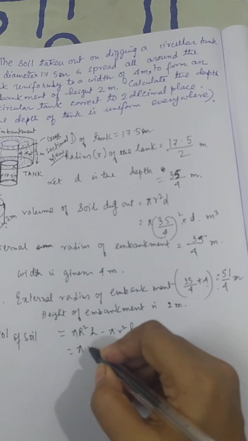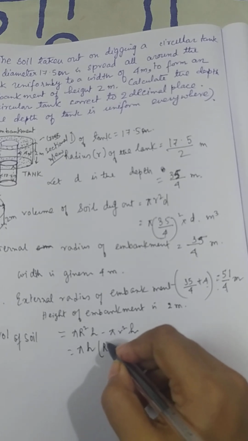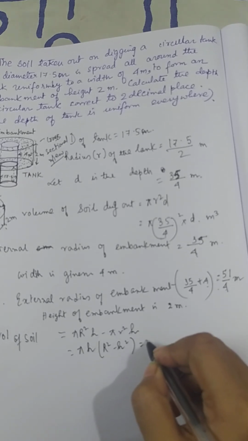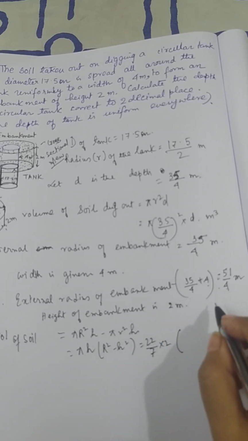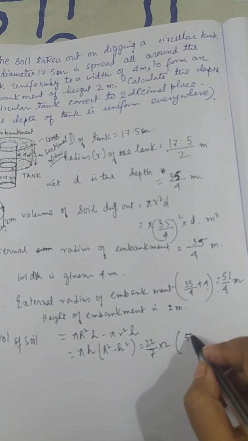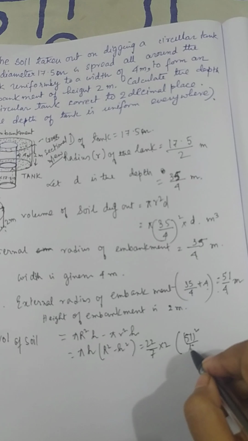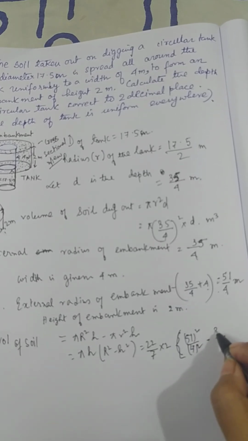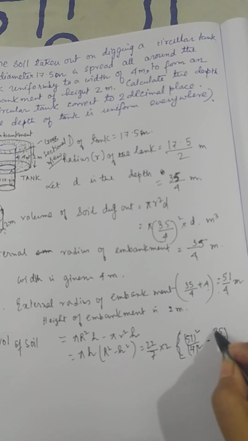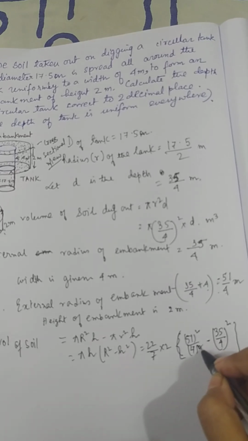if I take pi and h as common, capital R square minus small r square, that is 22 by 7 into 2. Capital R square means 51 whole square by 4 whole square minus 35 by 4 whole square.